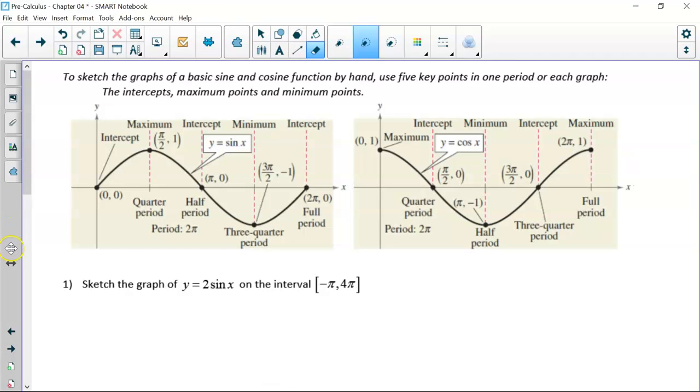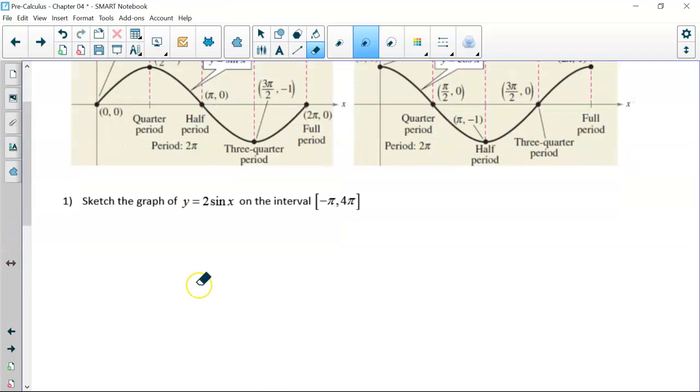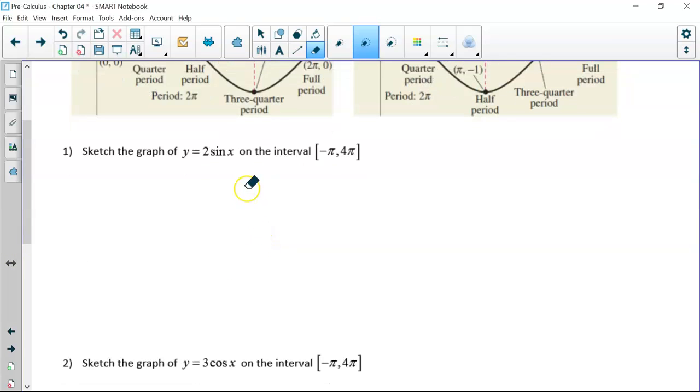Now let's see what happens if we put a number in front. That number in front is our vertical stretch. That affects what's called our amplitude. Now, that means our amplitude is 2.